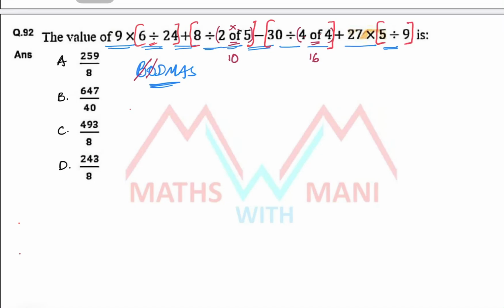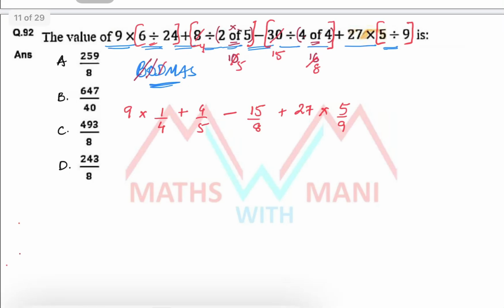So now tell me, 9 into 6 by 24. 6 by 24 means 1 by 4, plus 8 divided by 10. 8 divided by 10 means 2 4s, 2 5s, so that's why I can write here 4 by 5. Yes or no? It is 4 by 5. Minus 30 divided by 16. 30 divided by 16 means 2 15s, 2 8s. That is 15 by 8 plus 27 into 5 by 9. Okay, so division is cancelled out.